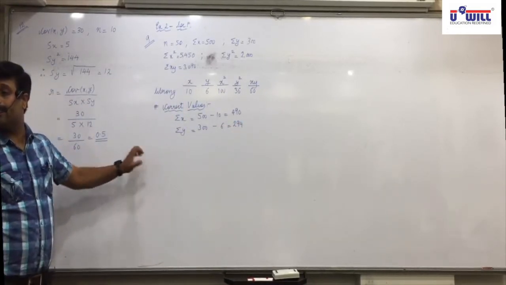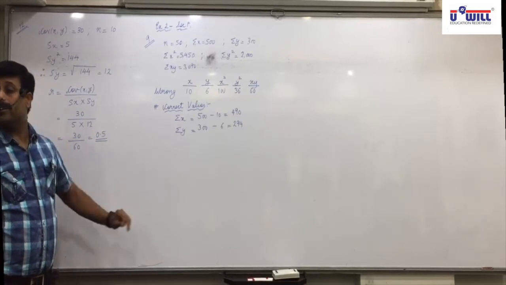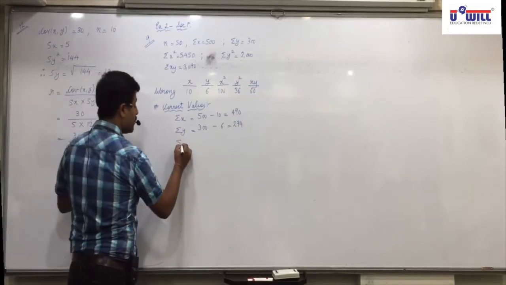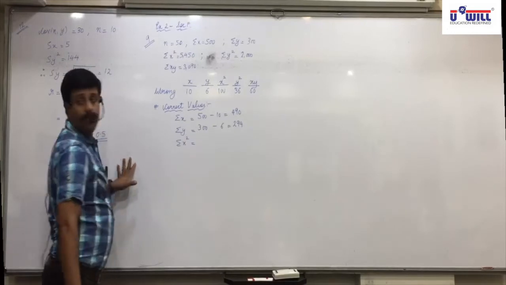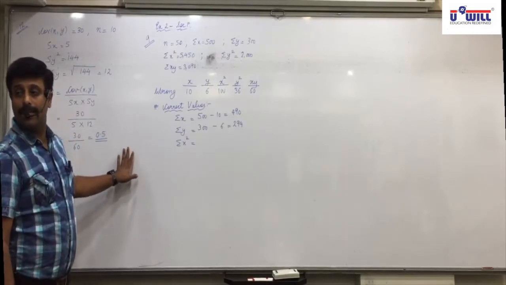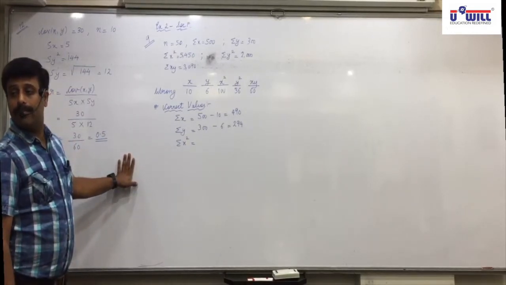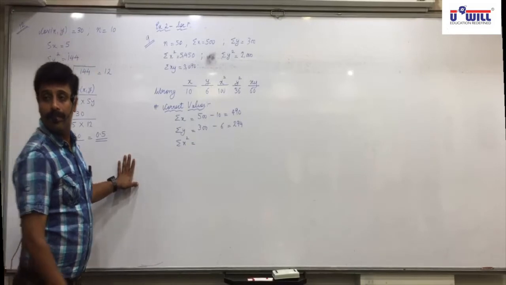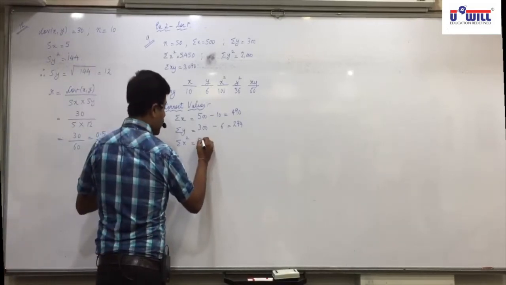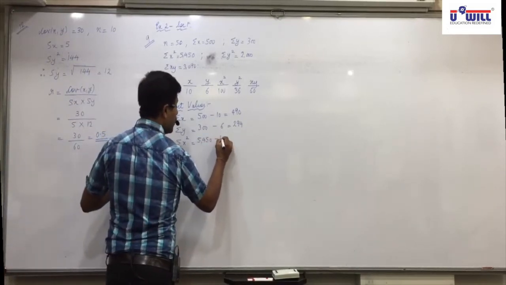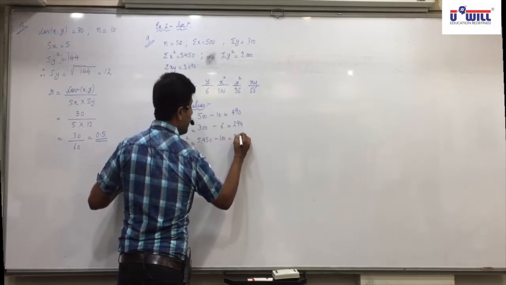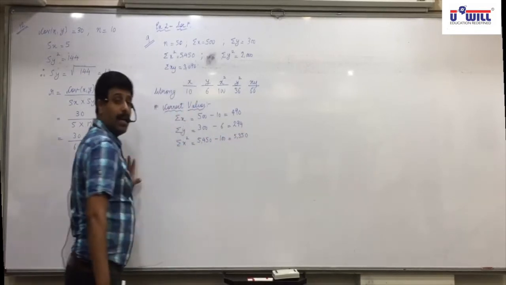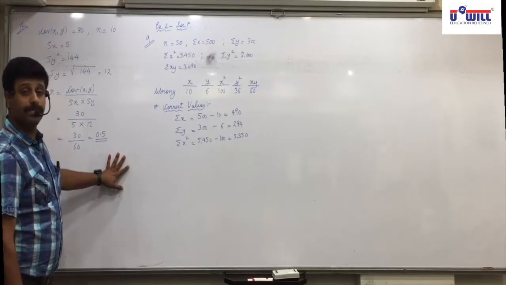Okay, then sigma x square. 5350. How do you get that? 5450 minus 100, 5350.